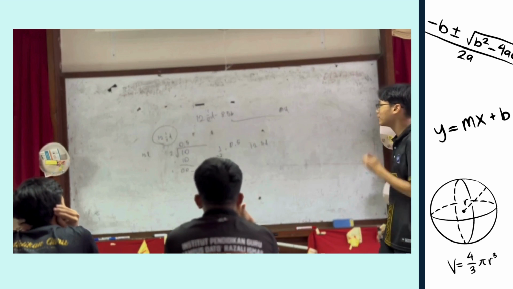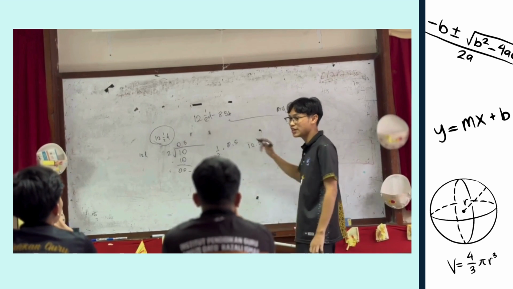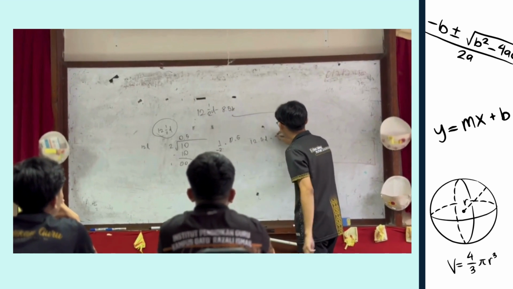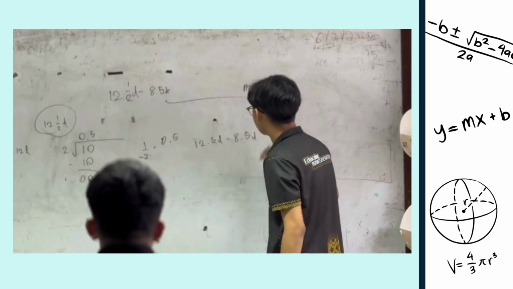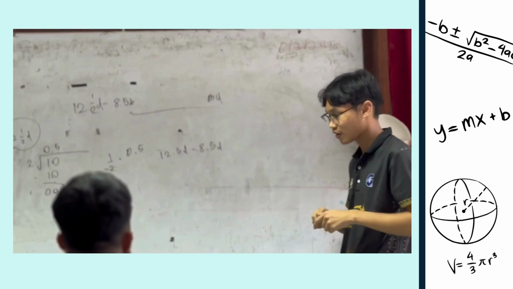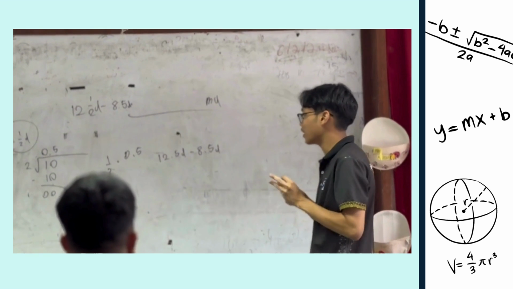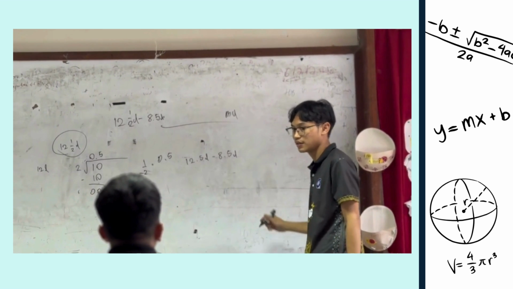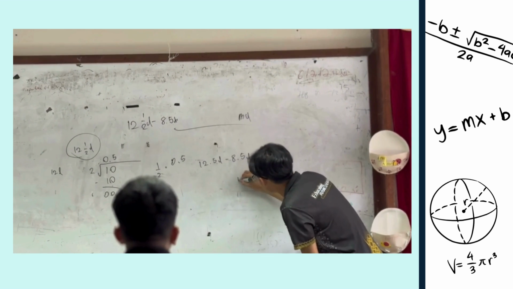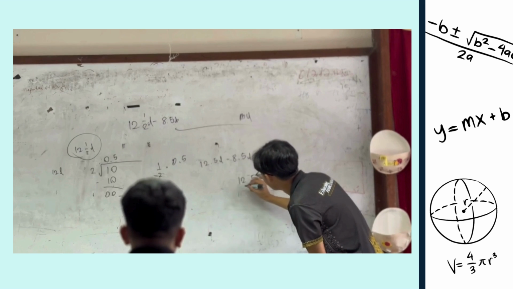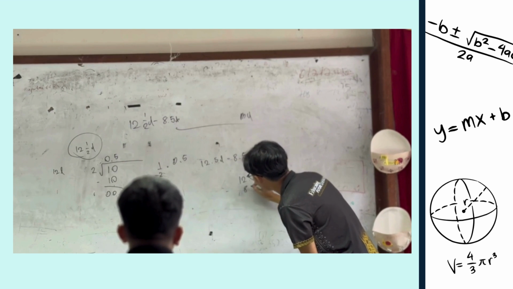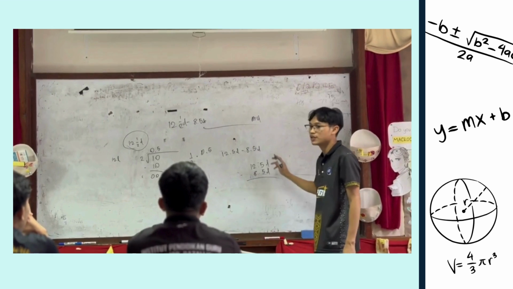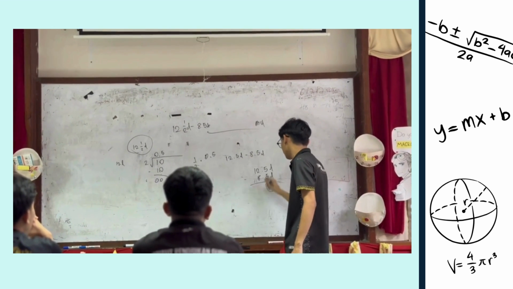But we are not done yet. We make a subtraction, minus 8.5 liter. We make the equation: 12.5 liter minus 8.5 liter. 5 minus 5 is 0. Then 2 minus 8?